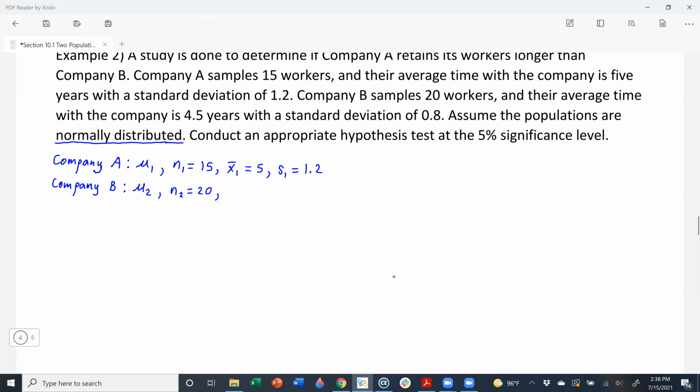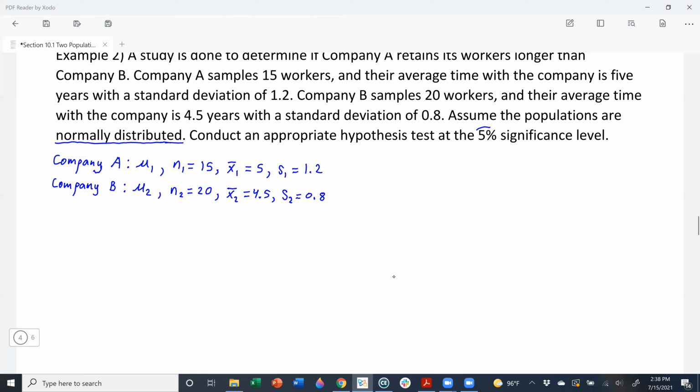Their average time was 4.5, so x2 bar is 4.5. And its standard deviation, s2, equals 0.8. That's all of the relevant information we wanted to write down right at the beginning.